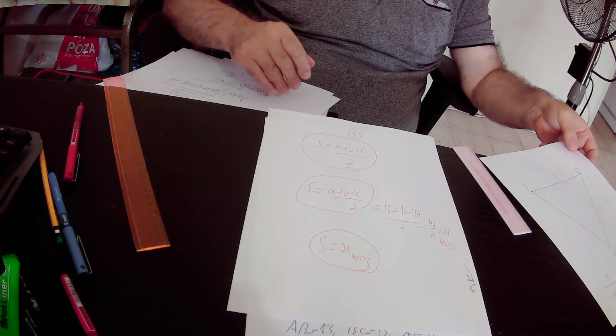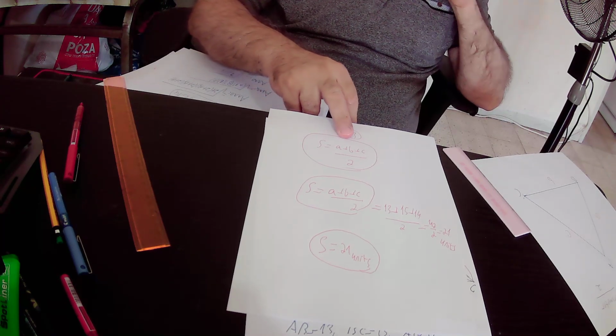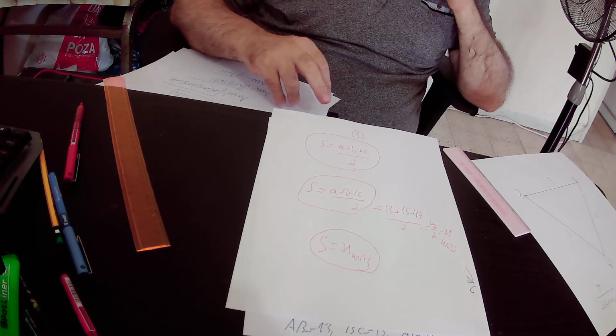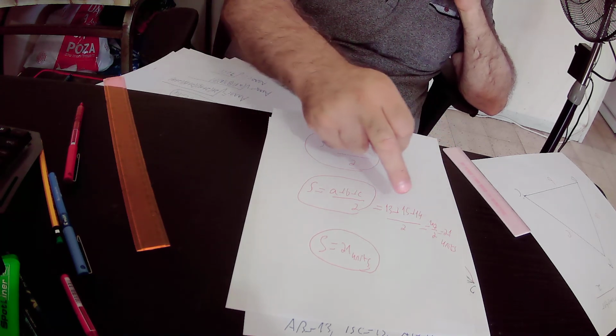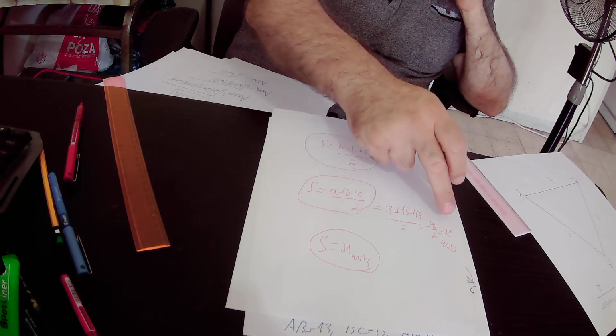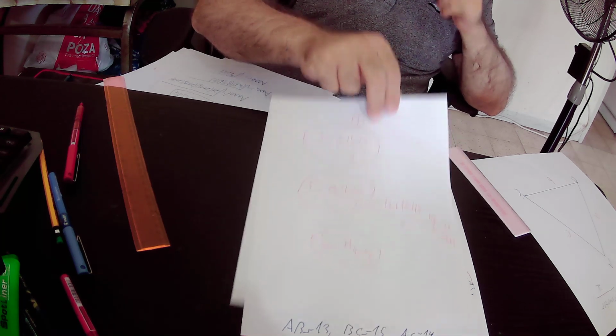Okay, this is actually A plus B plus C over 2, and the semi-perimeter of our triangle equals 21 units.